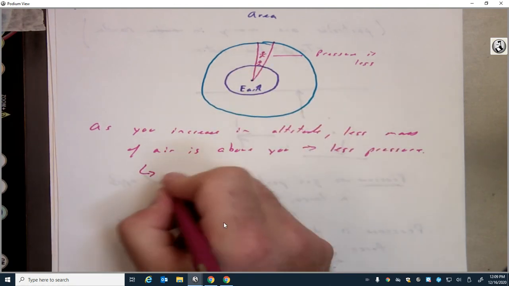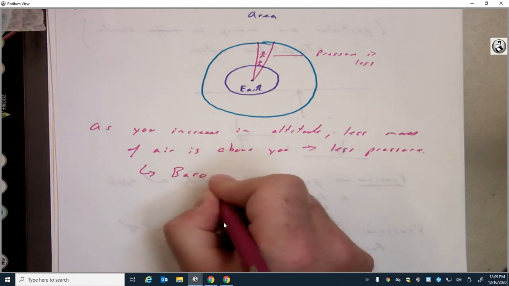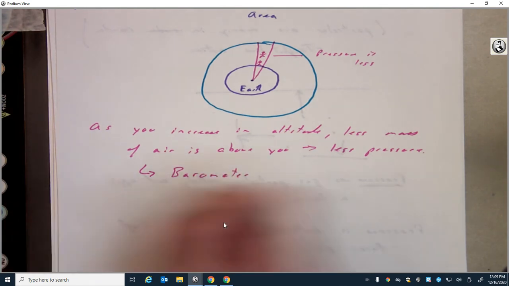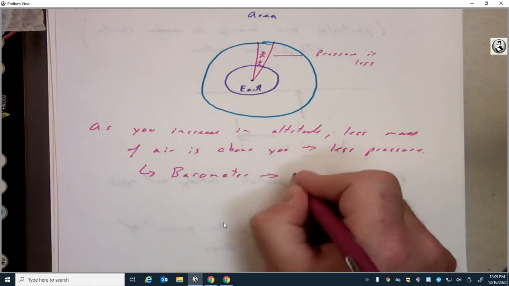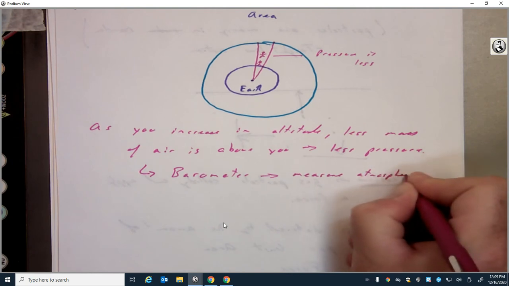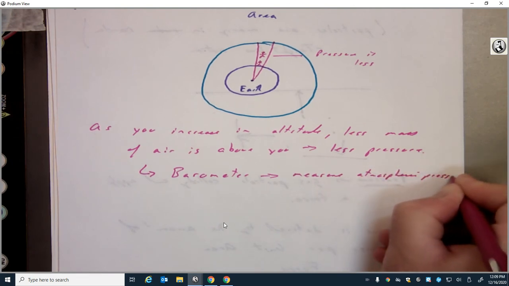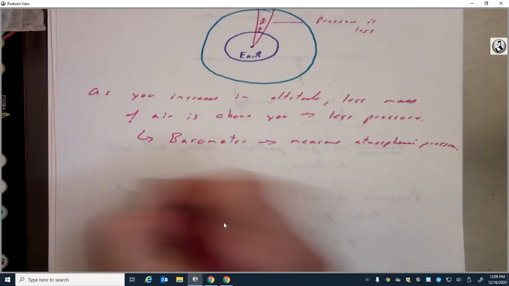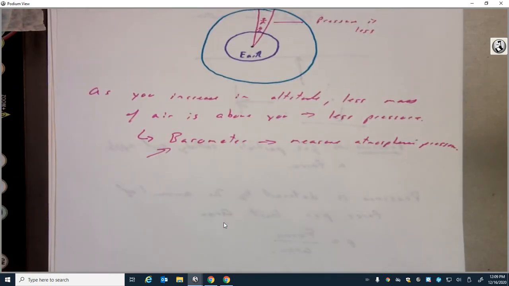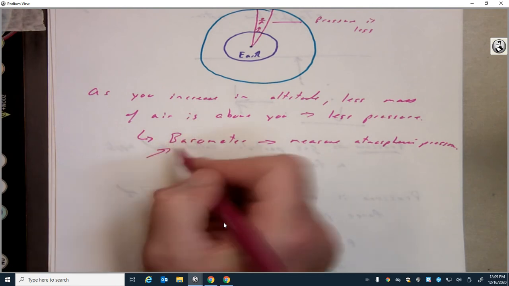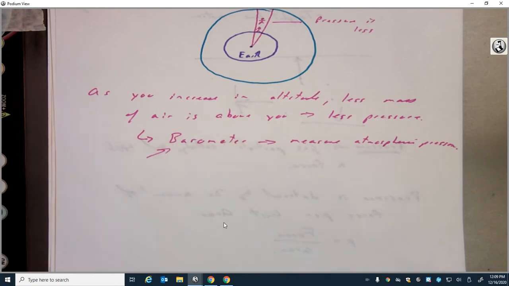Well, we use a barometer. A barometer actually will measure atmospheric pressure. And if you watch the weather, we have high pressure systems and low pressure systems, and we're measuring that pressure using a barometer.